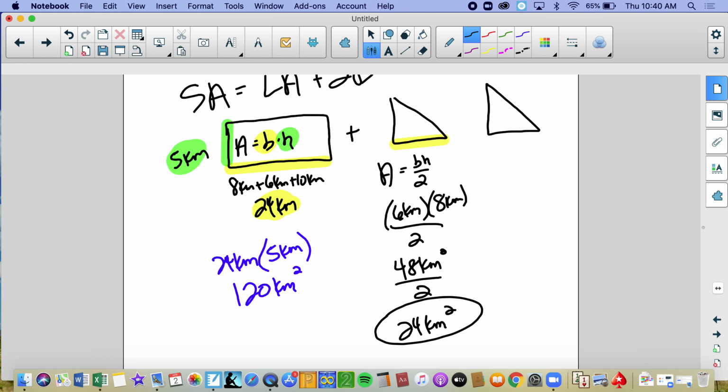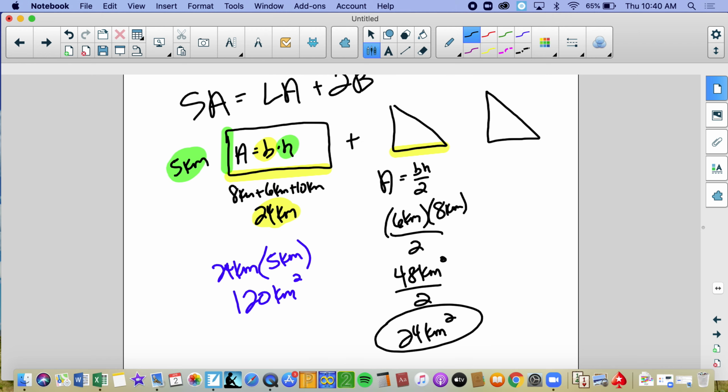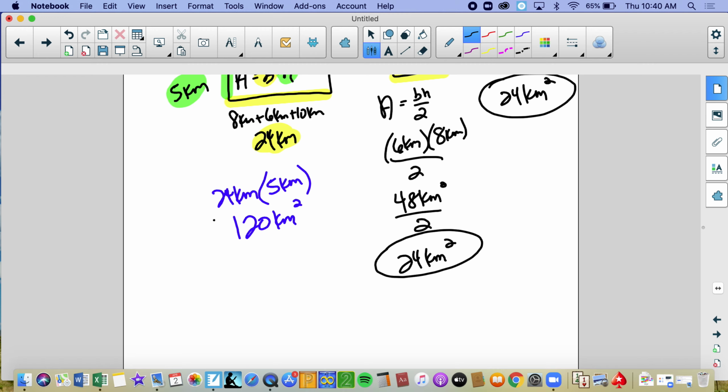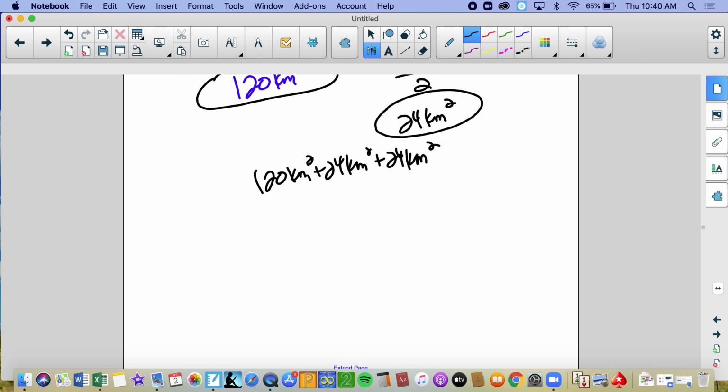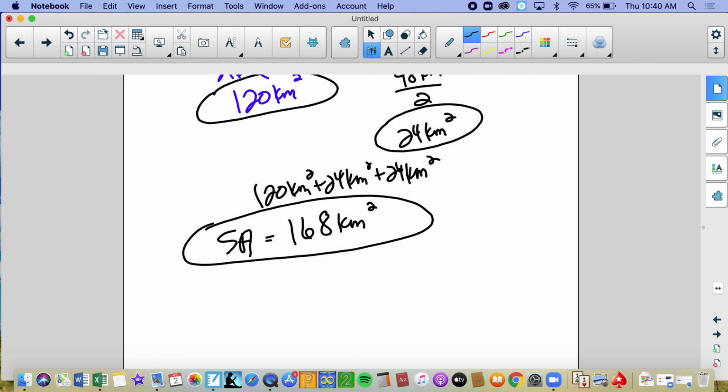That's the area of that triangle, and we know the other triangle is also 24 kilometers squared. So we have 120 kilometers squared plus 24 kilometers squared plus 24 kilometers squared. That's 48, so 168 kilometers squared would be the surface area of that triangular prism.